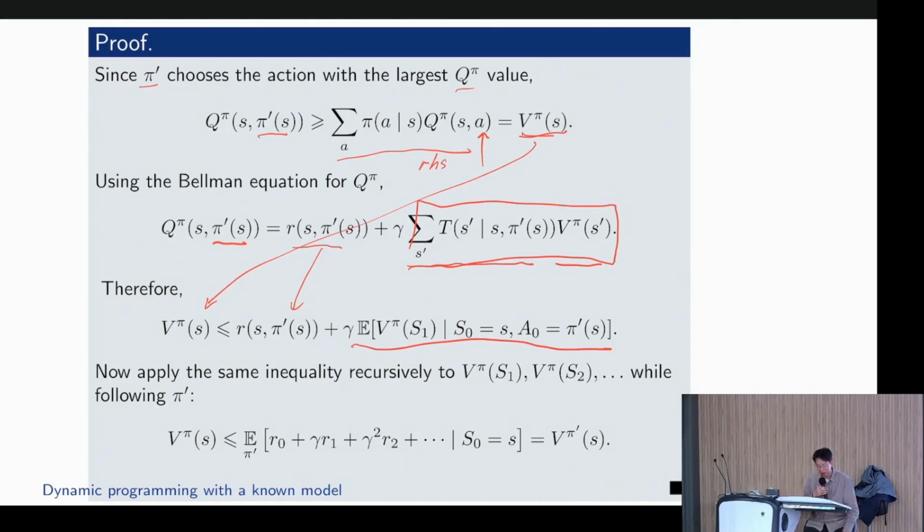I'm going to unpack here one step. So it's the expectation of V pi of S1 given you start from state S and execute pi prime for this specific state. We're committed that we're currently in state S, and we're going to execute pi prime of S. What is the expected return? That's the expression here.